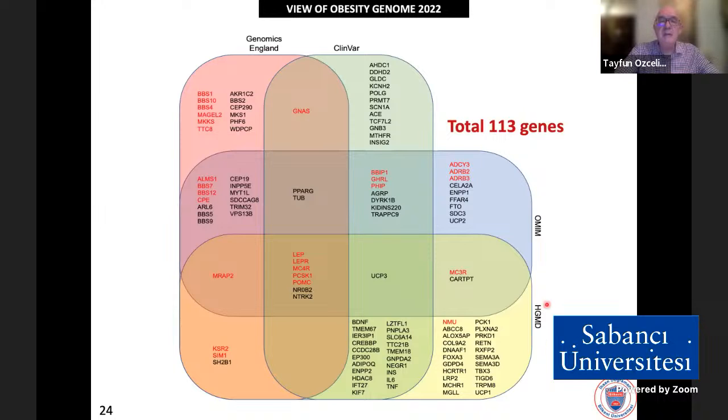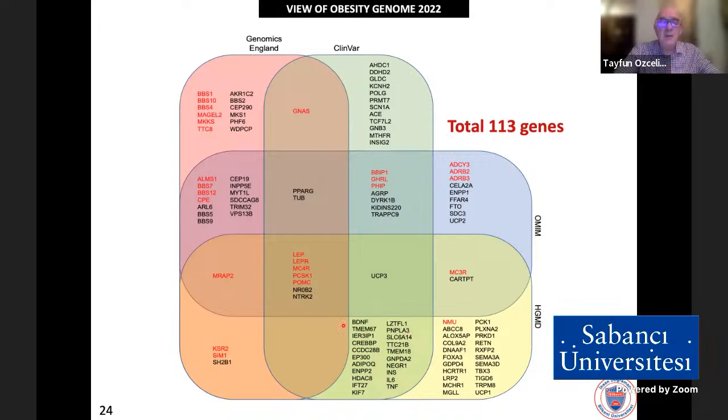And this is a Venn diagram. Let's say these genes shown here are reported only in the Human Gene Mutation Database, whereas these genes overlap. They are both in ClinVar and in HGMD.